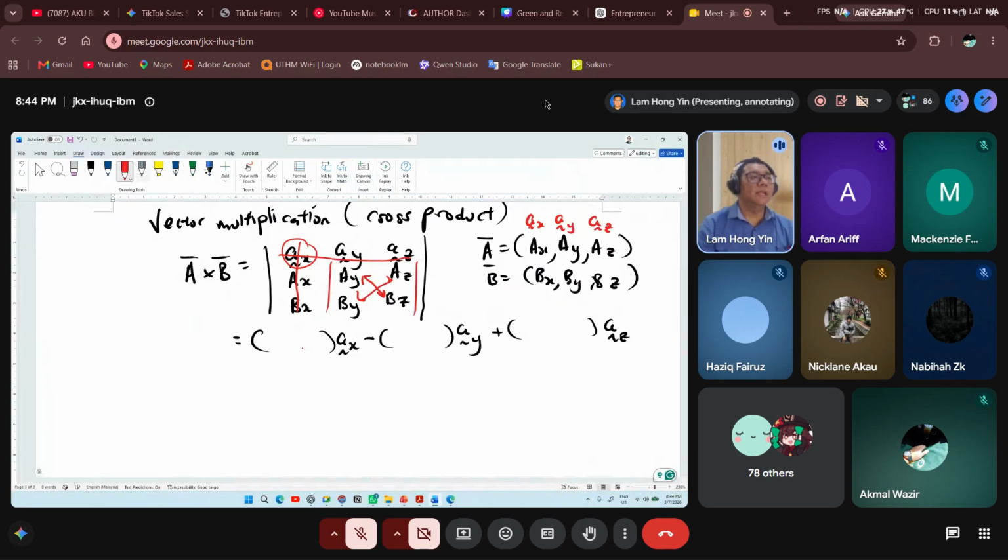You cross multiply and subtract: Ay multiplied by Bz, minus Az multiplied by By. This is how you obtain the magnitude element in the cross multiplication. You repeat the same for ay and az. So this is one way you can identify the directions and the magnitudes.